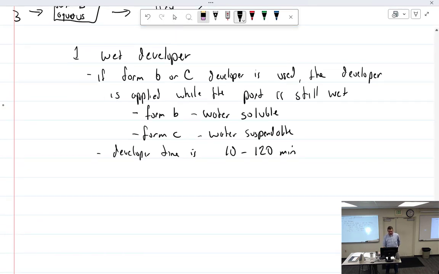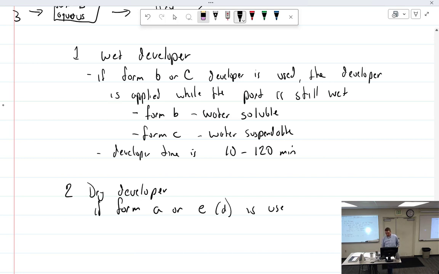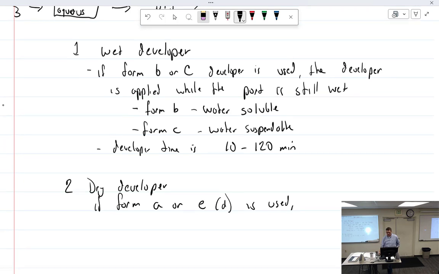If we want to do a dry developer, that would be if form A or this time I'm going to put E, and within a parenthesis I'm going to put D, depends. Form A or D is used. The part is dried first.